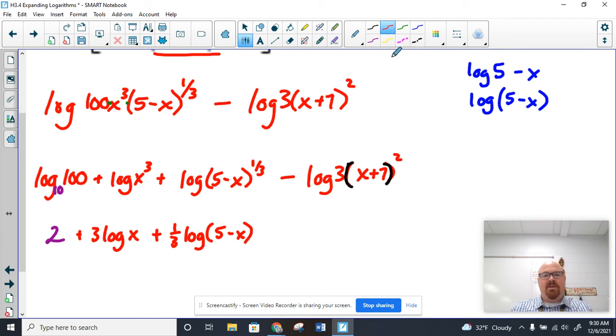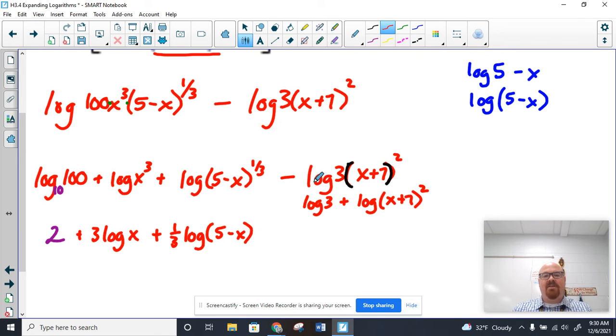But what does happen here is this logarithm, because it's a product, I have to separate into the sum of 2 logs. But because I am subtracting this logarithm, you have 2 ways to think about this. This logarithm is going to become, and I'll write it small, log base 3 plus log base x plus 7 squared.